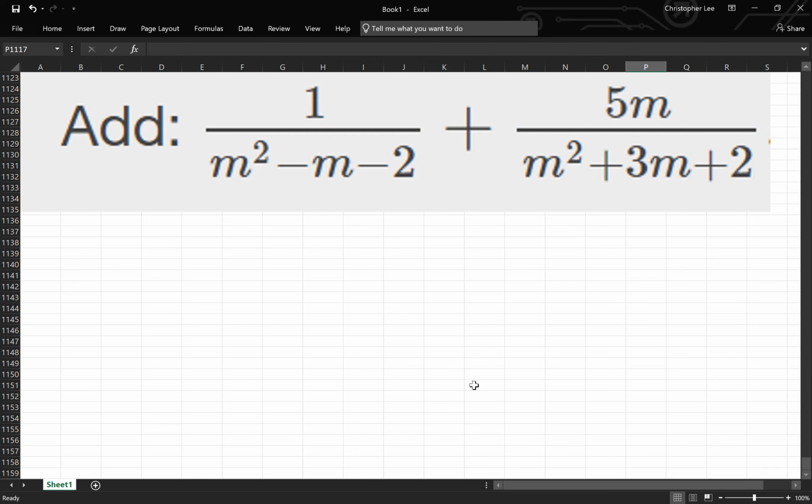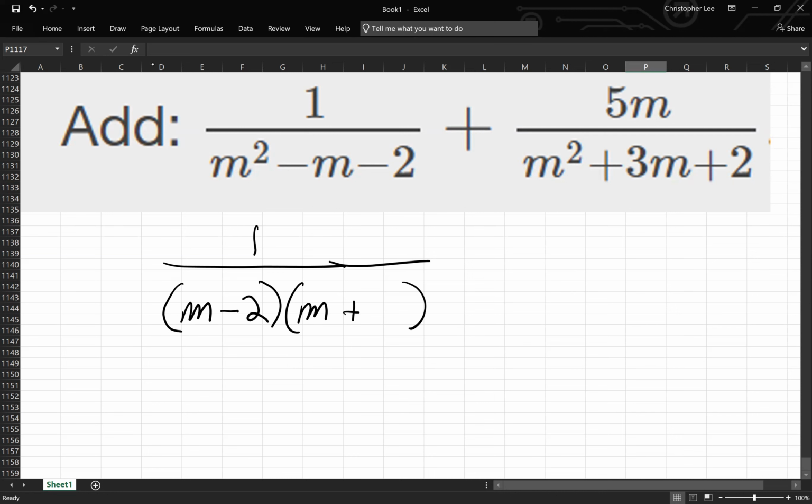All right, let's take a look. Remember, I want to factor this. So this is going to be M times M. Two numbers that multiply to -2 but add up to -1: I'm thinking -2 and +1. And over here I'm going to have 5M.